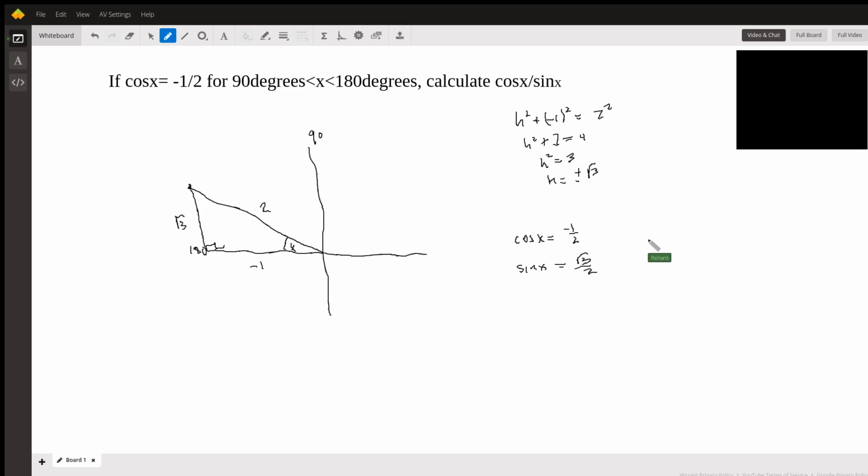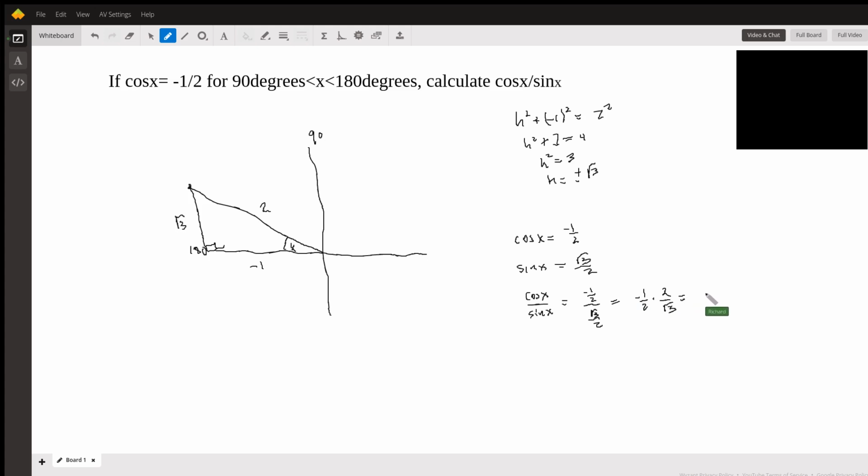So the cosine over the sine is just going to be -1/2 over √3/2. And we do a keep change flip here. We keep the numerator, change to multiplication, and then flip the denominator.